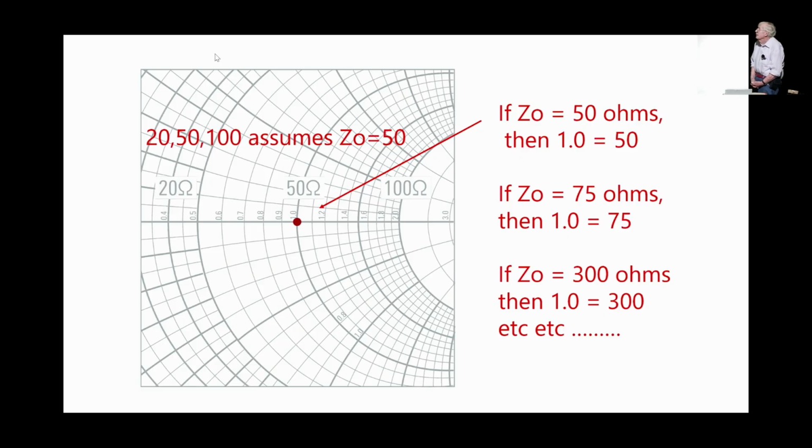We've got a characteristic impedance of 75 ohms in a cable, and then one represents 75 ohms. When you're doing a match on one of these VNAs, the magic thing is to get the thing to be in the centre, and if you're in the centre, you're absolutely matched, which is part of the exercises that we might do.